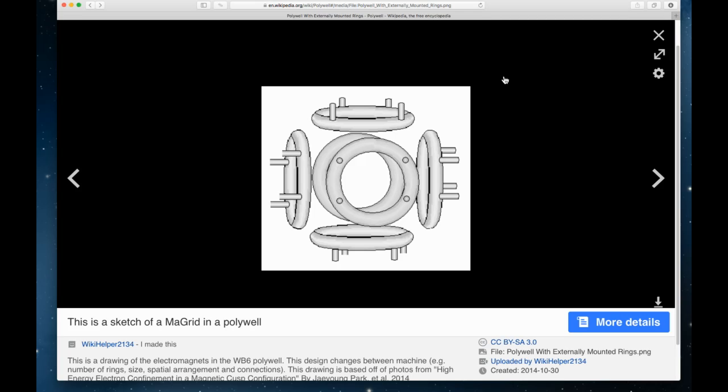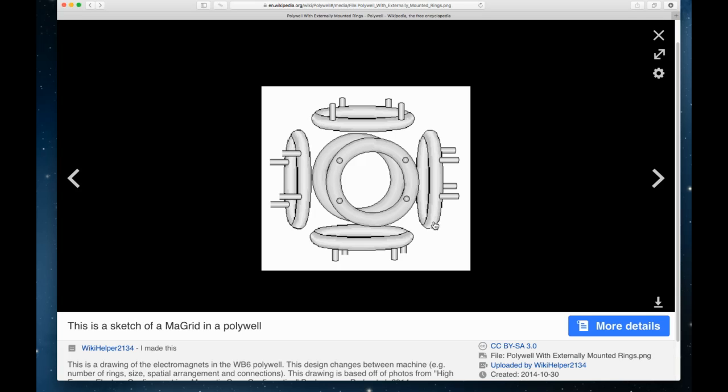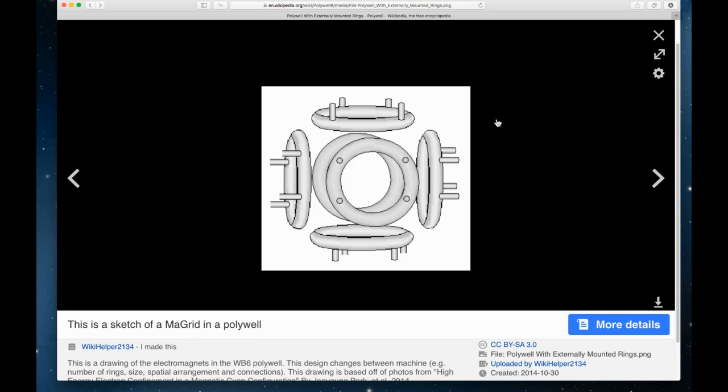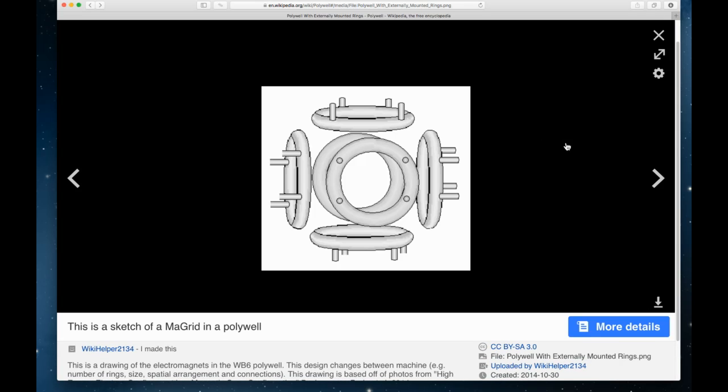In the versions I've seen, these are stainless steel tubes, and inside the stainless steel tubes is electrical copper wire. And they go to their high energy electrical system in order to create the magnetic fields to contain this plasma.